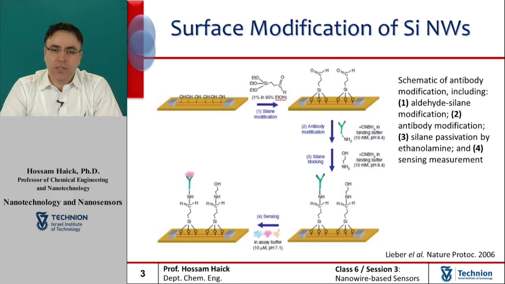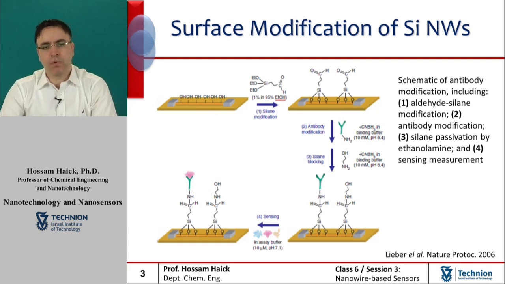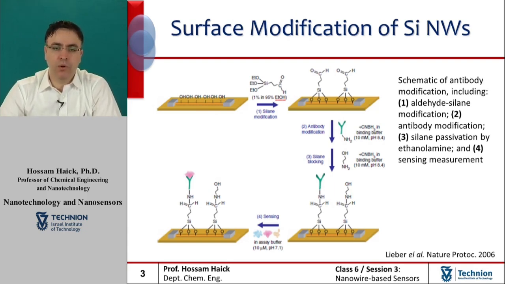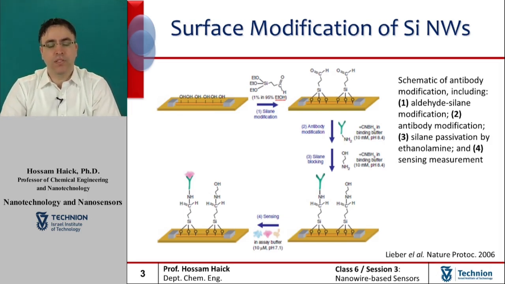A selective sensor can, in general, be configured from a silicon nanowire device by linking recognition receptor groups to the surface of the nanowire. A typical procedure for the preparation of molecularly modified silicon nanowire sensors includes, first, attaching a molecular film to the silicon nanowire surface.